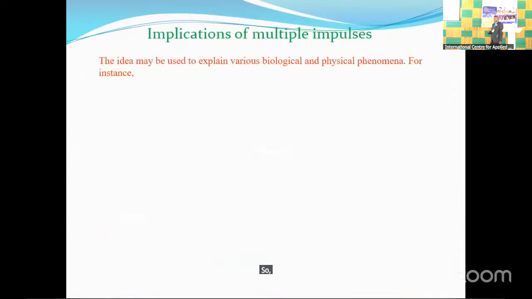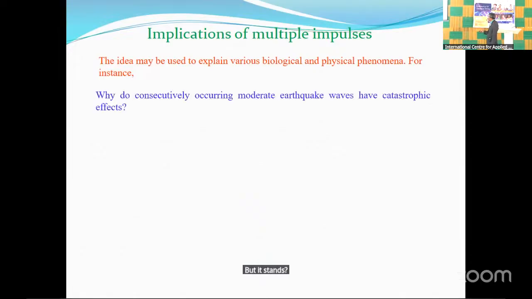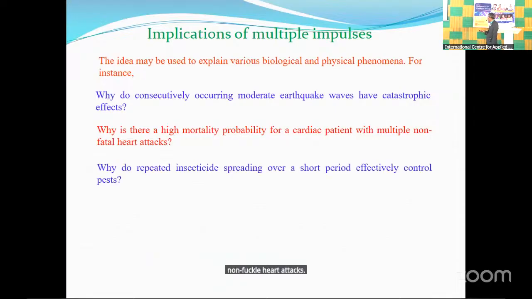So, what are the implications of this study? This idea may explain various biological and physical phenomena. For instance, why do consecutively occurring moderate earthquakes have catastrophic effects? Why is there a high mortality probability for a cardiac patient with multiple non-fatal heart attacks?